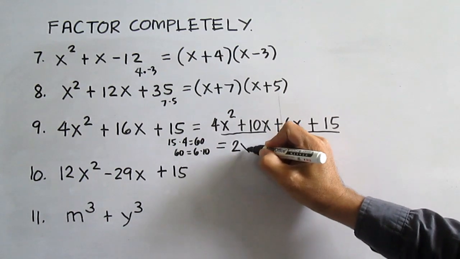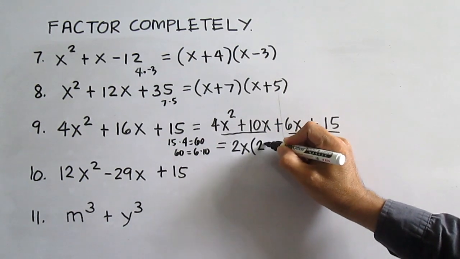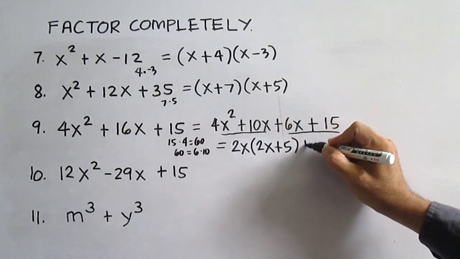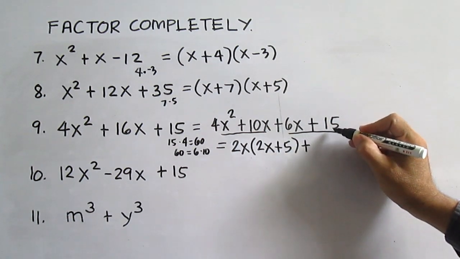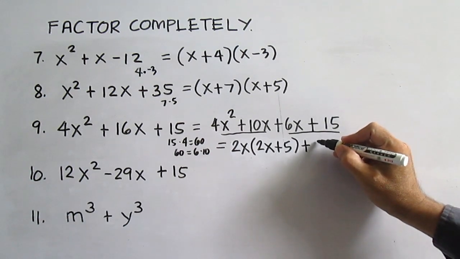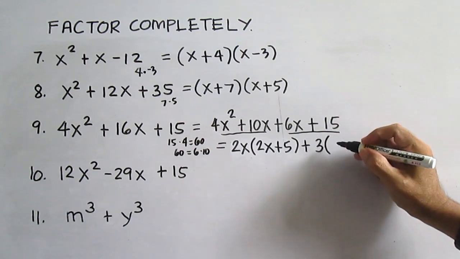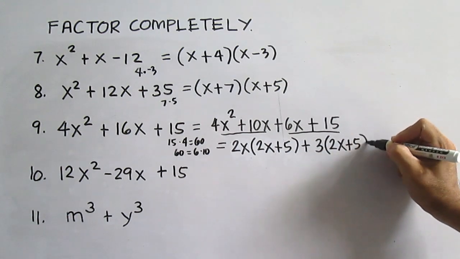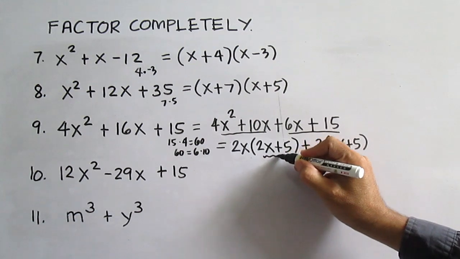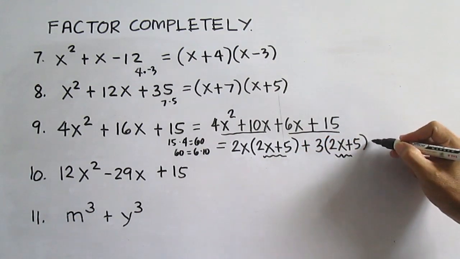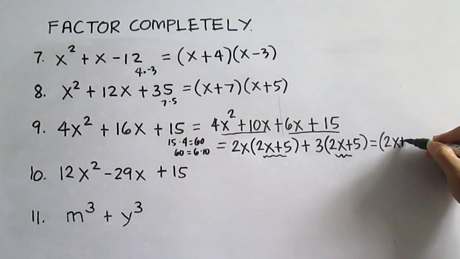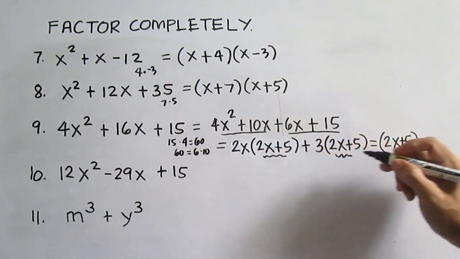The CMF of the first group is 2x and the other factor is 2x plus 5, plus the CMF of the next group is 3 and the other factor is 2x plus 5. Note that 2x plus 5 is common. Factor out 2x plus 5 and the other factor is 2x plus 3.